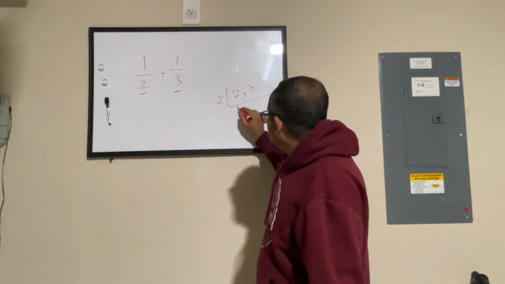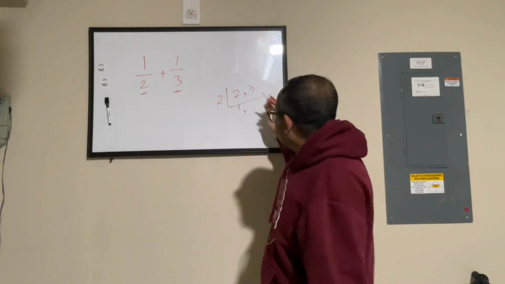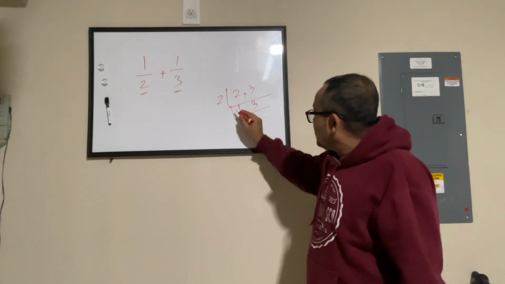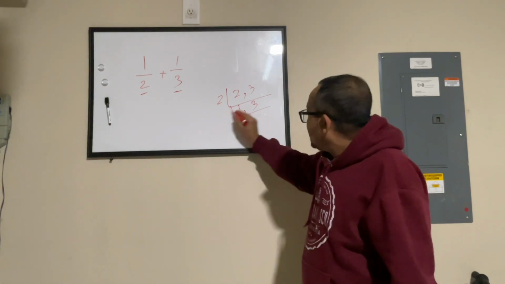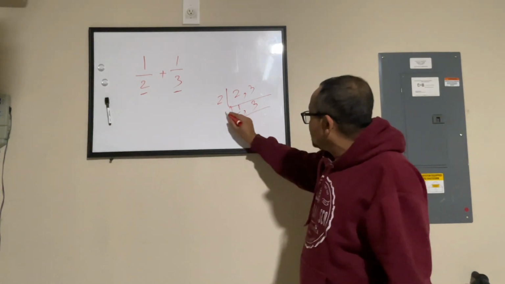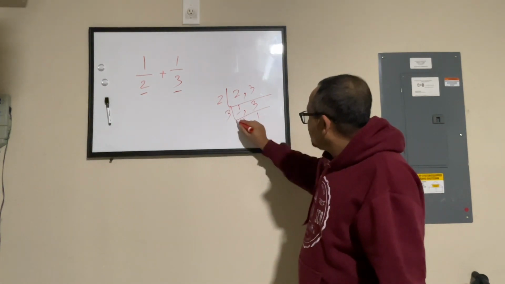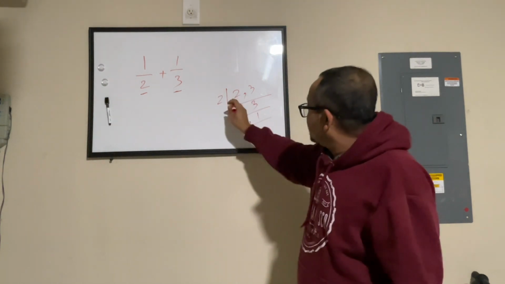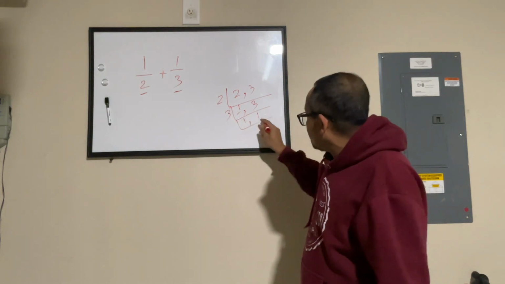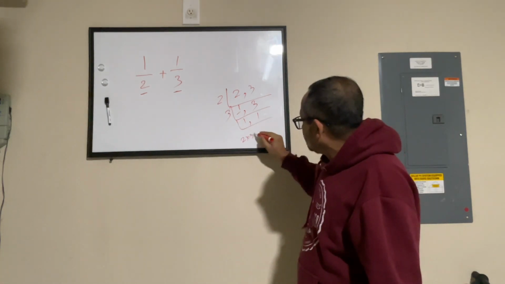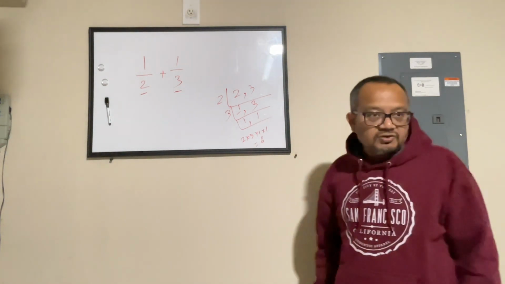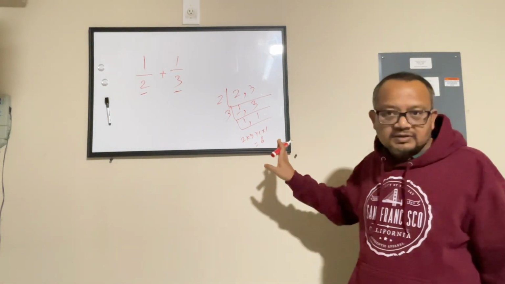Let me pick 2. 2 ones are 2. 3 I cannot do, it doesn't come in the table of 2, so I'll keep 3 as is. Now what is the next smallest number? 3. 3 ones are 3. So the LCM of 2 and 3 is 2 into 3 into 1 into 1. This is 6. So this is how you find the LCM.